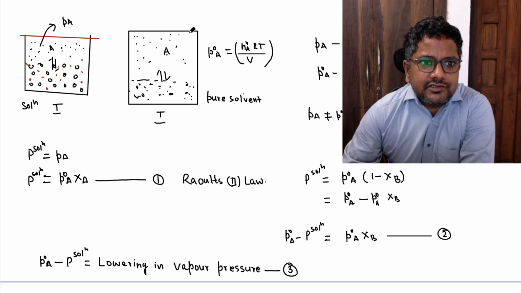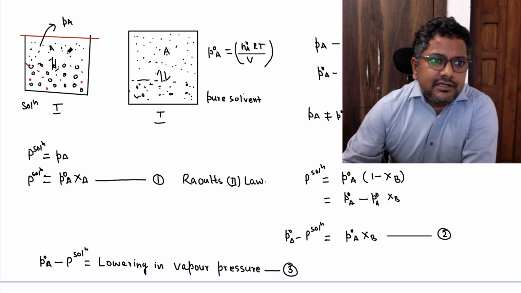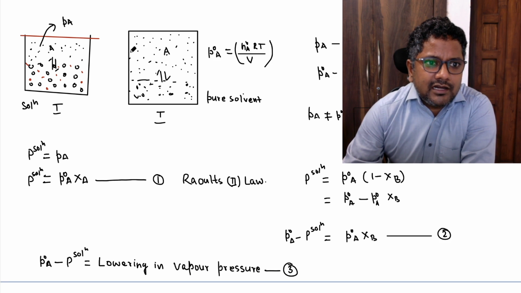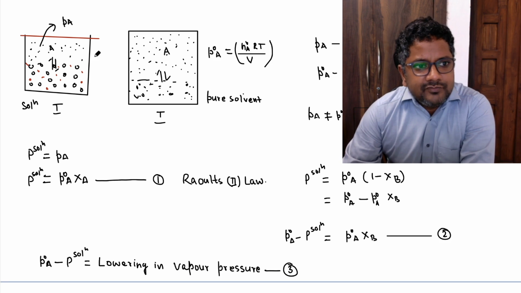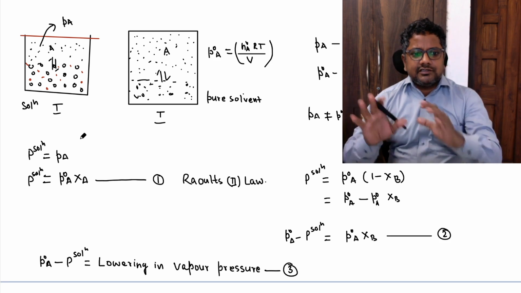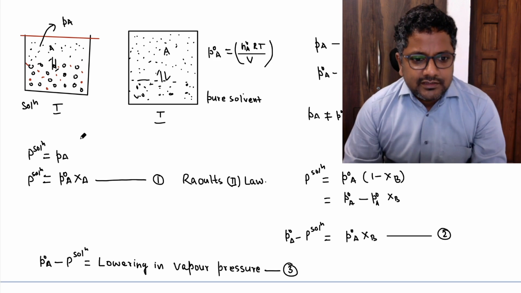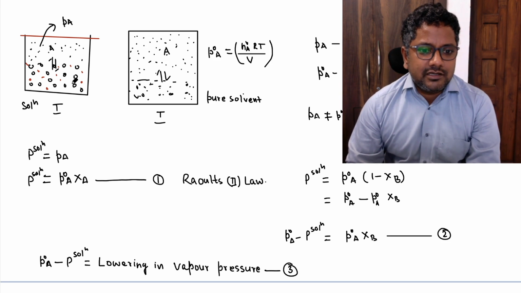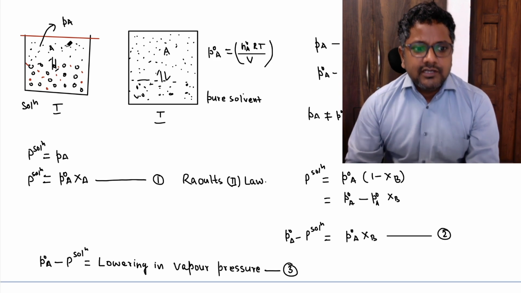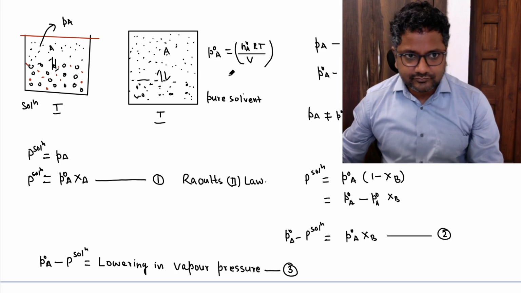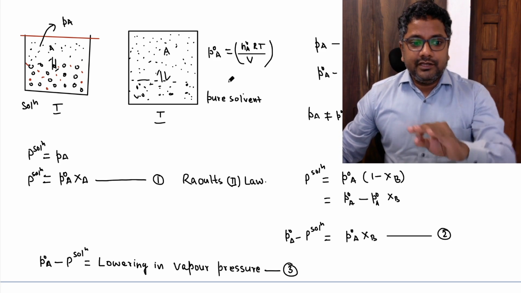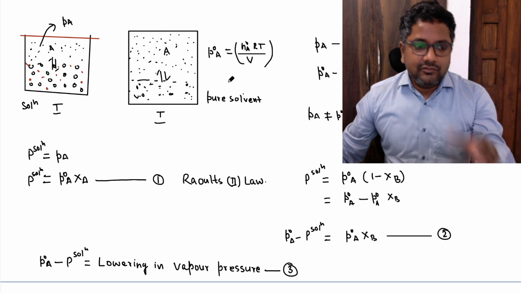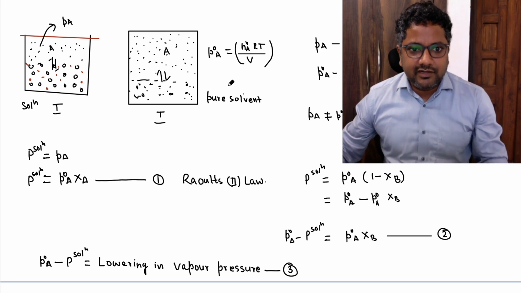So what is the correct explanation why the moles of A are less in the vapor phase? In the presence of a non-volatile solute the vapor pressure decreases. So if we put some non-volatile solute in the volatile solvent, the vapor pressure will decrease.